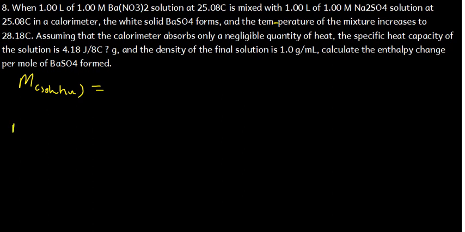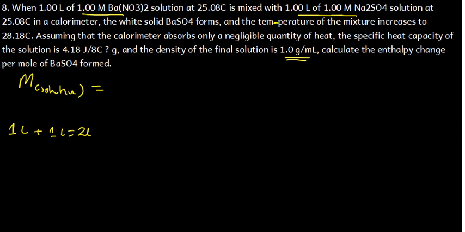We are told 1 liter of this reacted with 1 liter of that. So we have got 1 liter here reacting with 1 liter there. So the total volume is now 2 liters. And then we've also been given the density here of the solution. So the density of the solution has been given as 1 gram per milliliter.